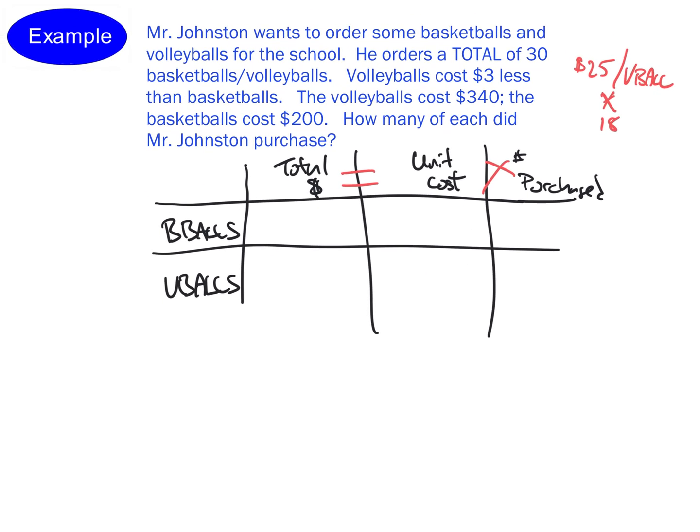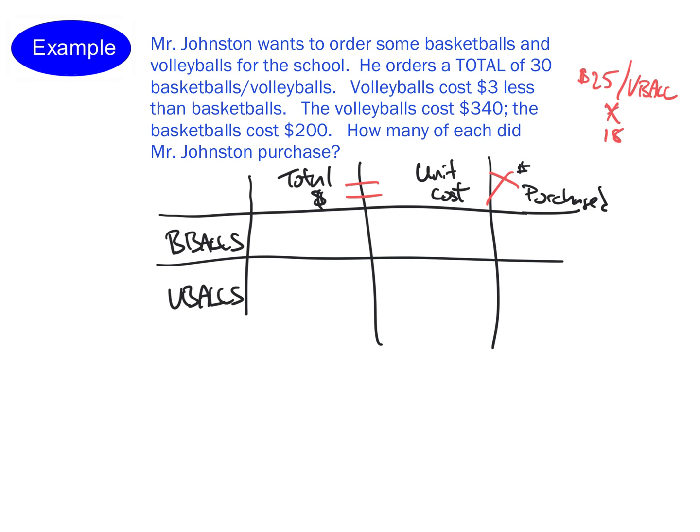All right. So we know that the volleyballs cost $340. We know the basketballs cost $200. Okay? So we could put those numbers in for the cost of each type. We want to find out how many of each he purchased, so we want to find out this and this.